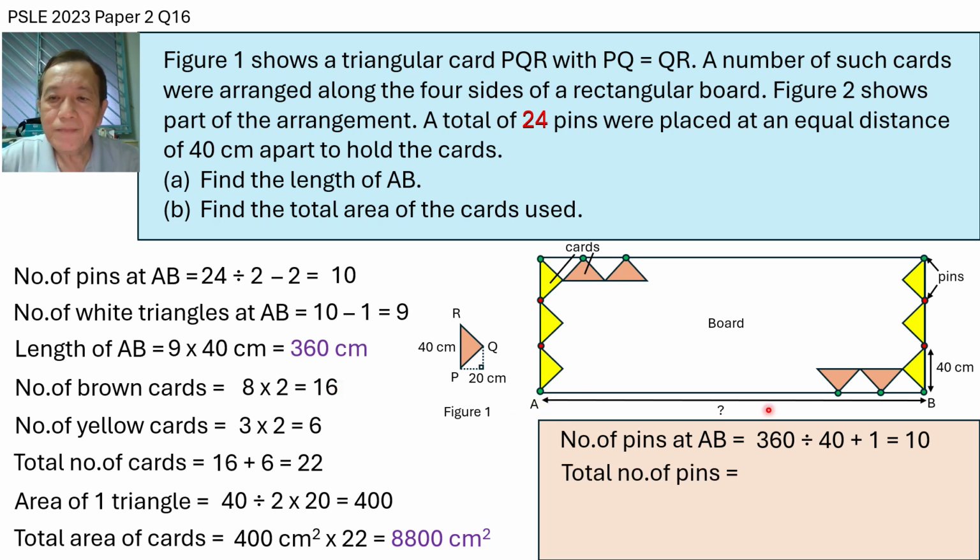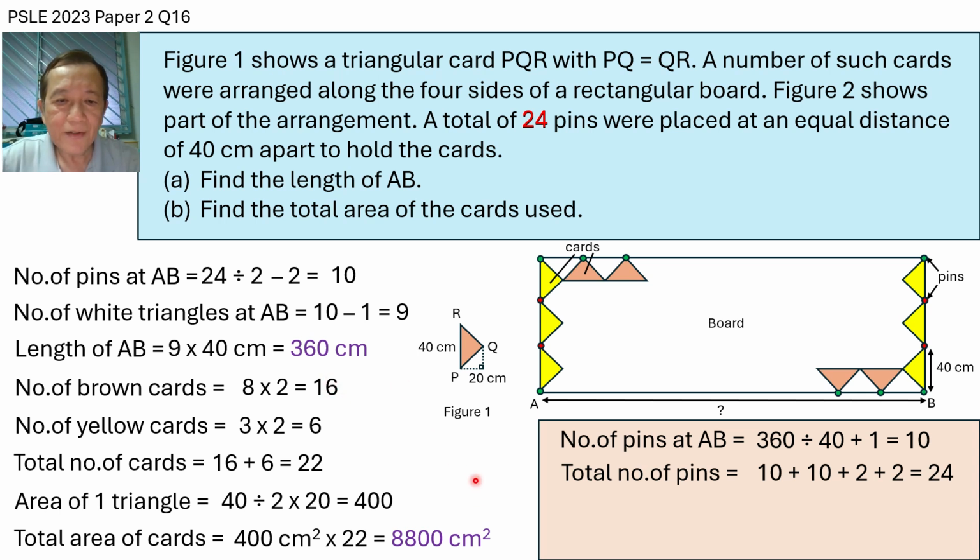If we have 10 pins here, there will be another 10 pins at the top, 2 here and 2 here. So 10 plus 10 plus 2 plus 2 equal 24, and we have hit the target, which means that we are on the right track.